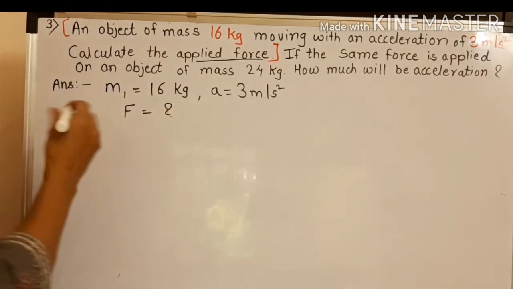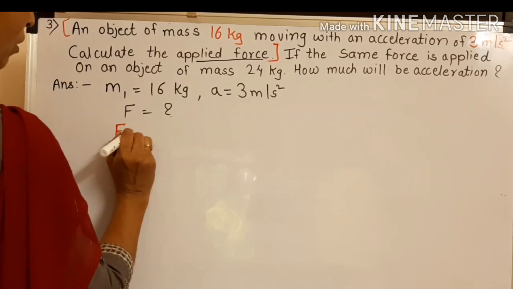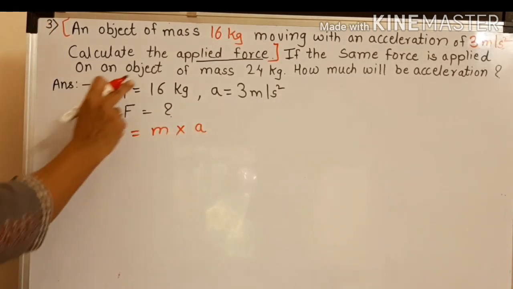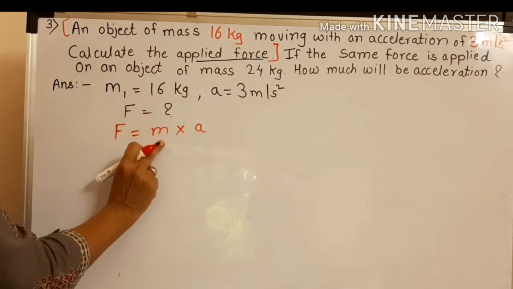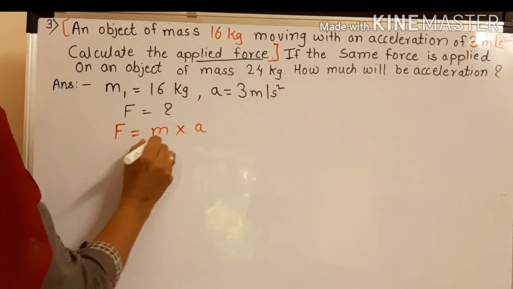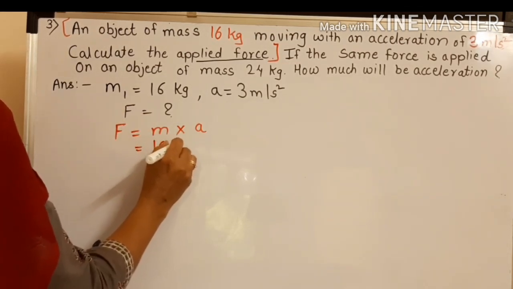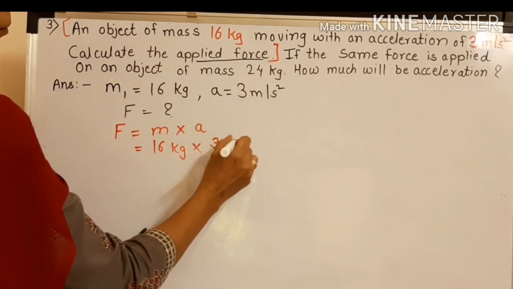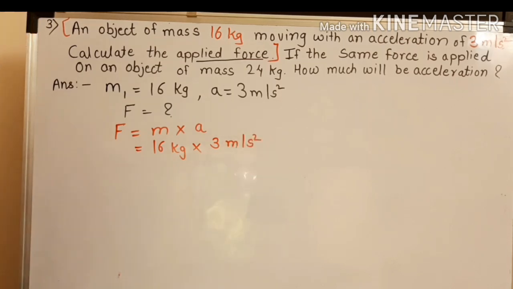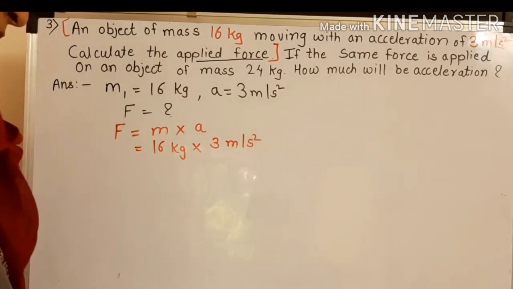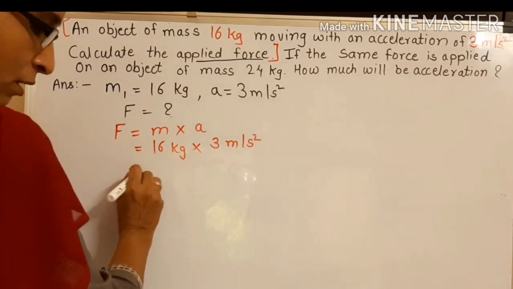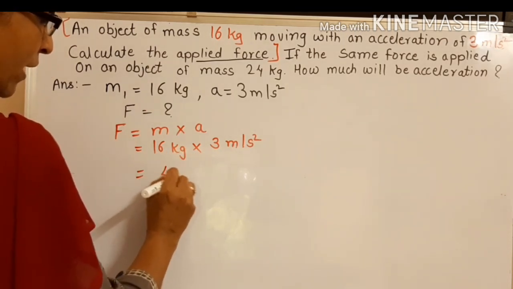For that we write the formula. F is equal to mass into acceleration. Substitute the values: mass is 16 kg into acceleration 3 meters per second square. The multiplication 16 into 3 is 48.